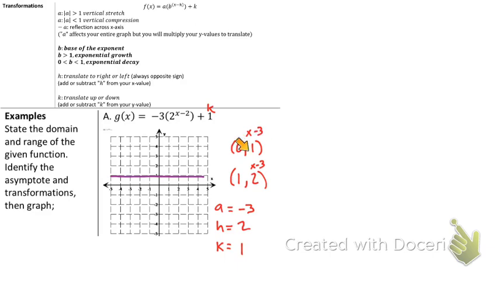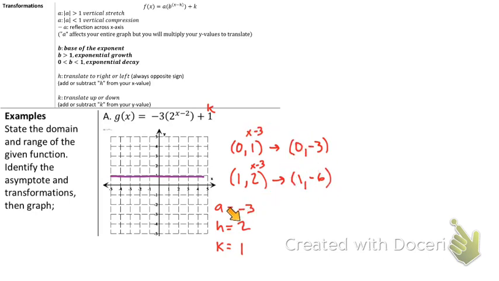Okay, so what's 1 times -3? 0, -3. What's 2 times -3? 1, -6. So we are done with the a value. These are my new points.